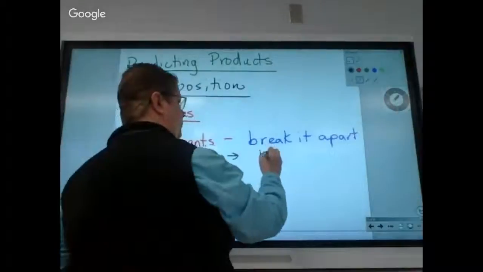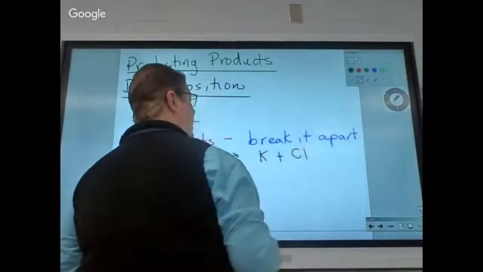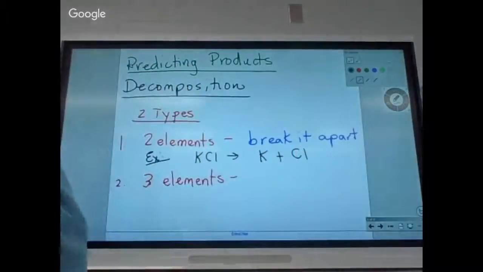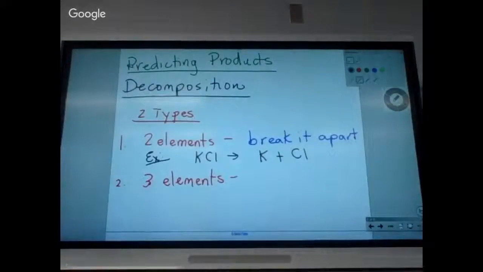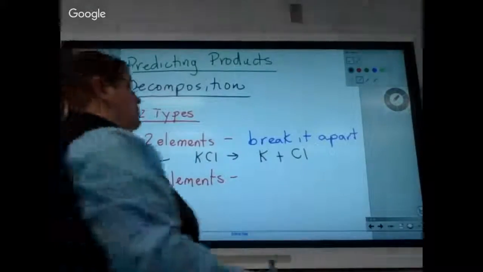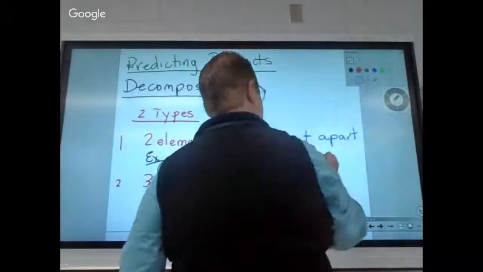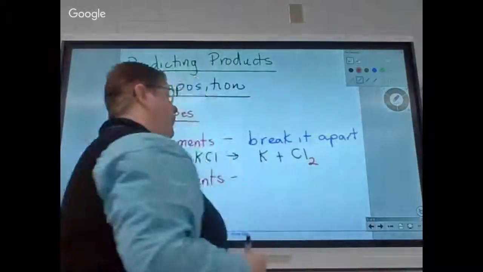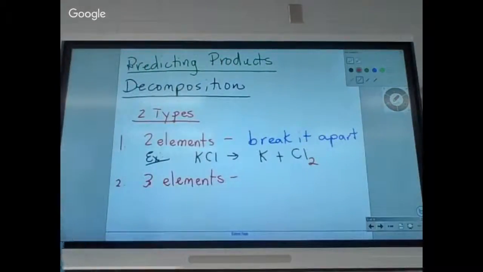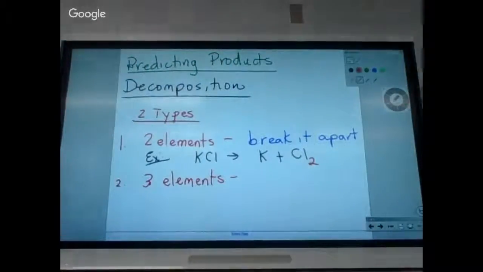Now, if you wind up with just 2 elements, what do you ask yourself when you have elements? Are they one of the 7? Which one? Just Cl. So, since Cl is one of the 7, we put a 2 on it. And that is all we have to do for something as easy as having 2 elements.